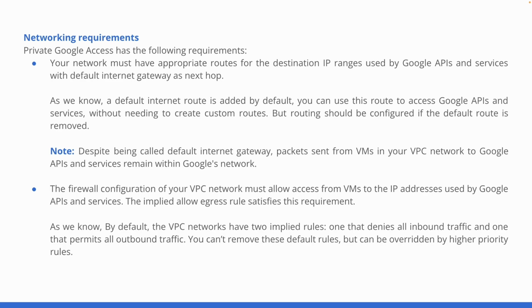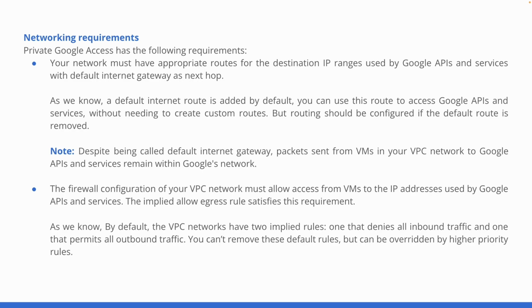The second requirement is that the firewall configuration of your VPC network must allow access from VMs to the IP addresses used by these Google APIs and services. We know that by default, VPC networks create two implied rules: one that denies all inbound traffic and one that permits all outbound traffic.